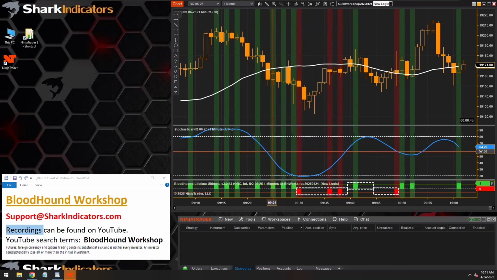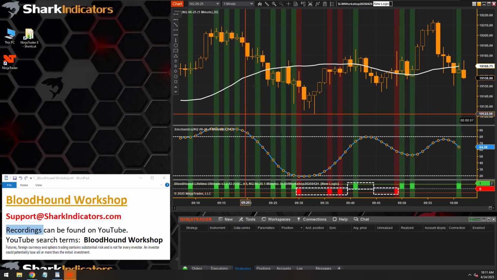If the stochastic is overbought or oversold, then I'll remove signals whenever that stochastic is above 80 or below 20. So whenever the stochastic is in an oversold or overbought situation, we'll remove those signals.